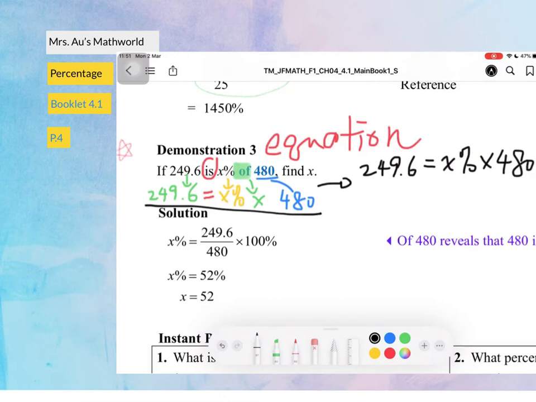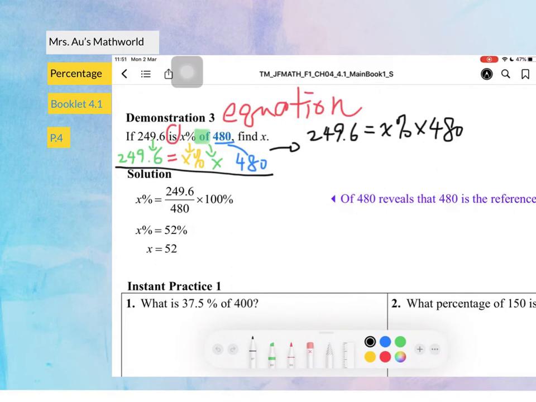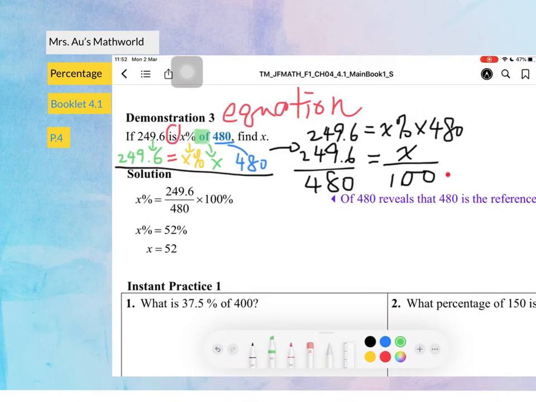Then put it together as an equation. After that, we are going to solve it. Step 1: divide both sides by 480. Percent means over 100, same as before. Then you may choose to use cross multiplication.